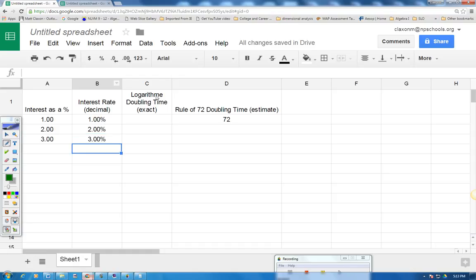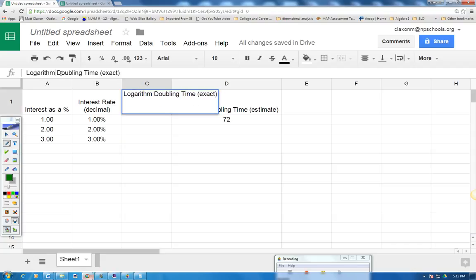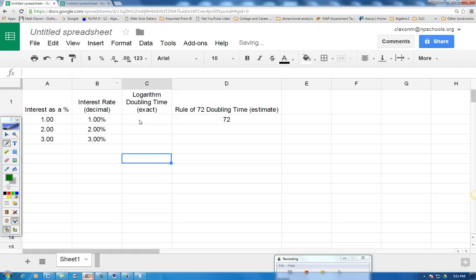The logarithm, which I've misspelled, doubling time can be found. What I would do here is I would hit an equal sign, put an equals in there, and then I want to log.